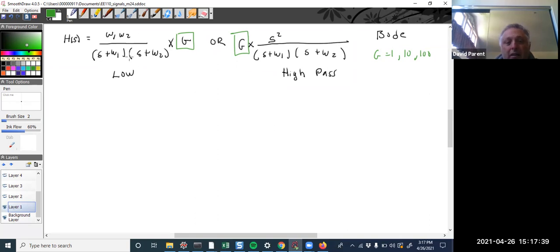And then there were certain relationships between omega 1 and omega 2. There's one where omega 1 equals omega 2. Then there's one where omega 1 is less than omega 2 by a factor of 100, or it could be 10, I have to look up.